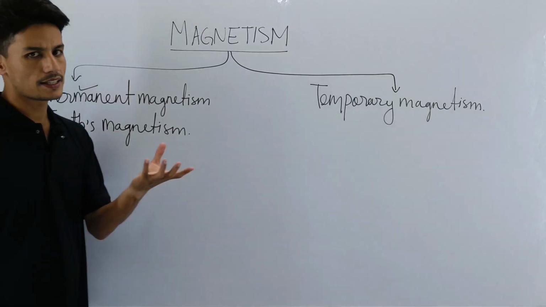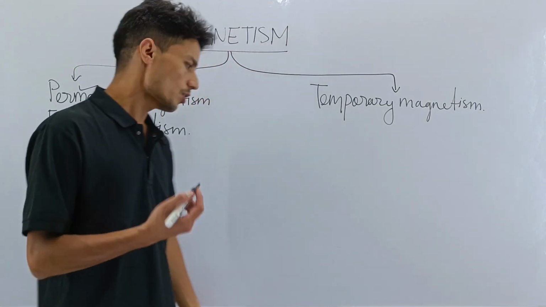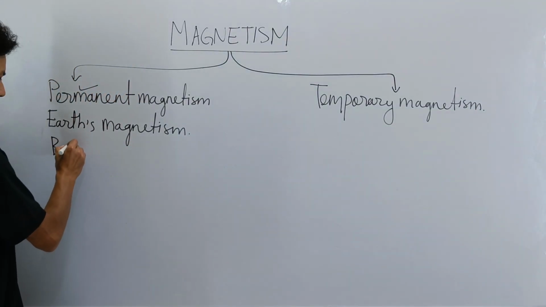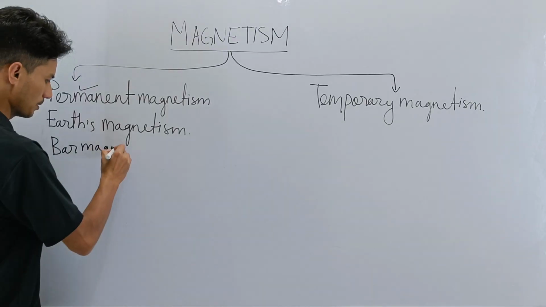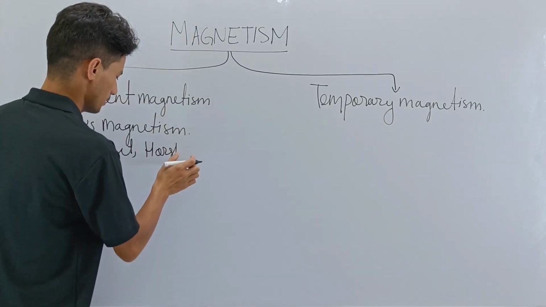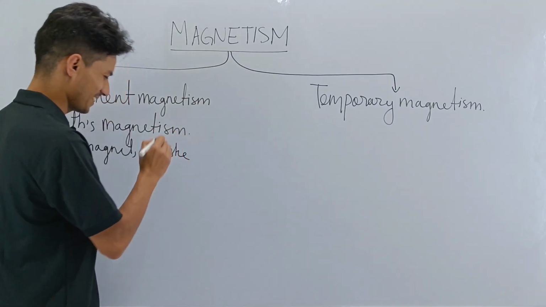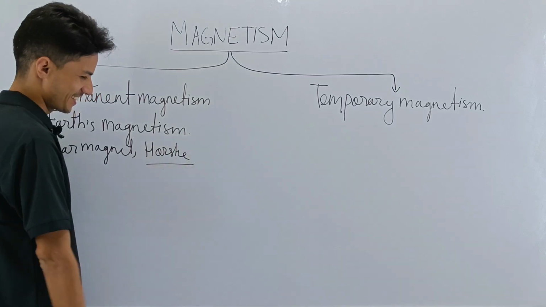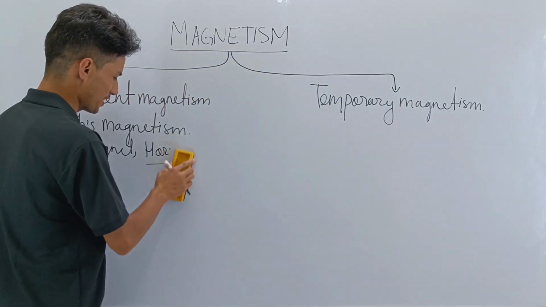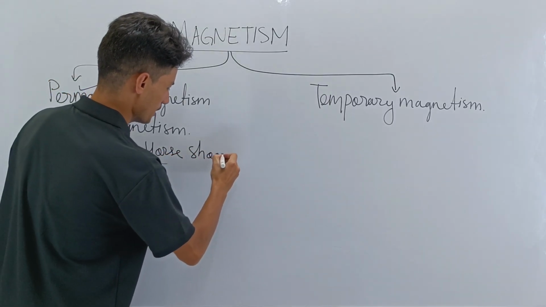So under permanent magnetism, we have the Earth's magnetism. Then the different magnets that we have, the bar magnets, the horseshoe magnets, the magnetic compass, all of these also fall under permanent magnetism. So we have the bar magnet, the horseshoe magnet. My spelling of horseshoe, I was about to write it wrongly.